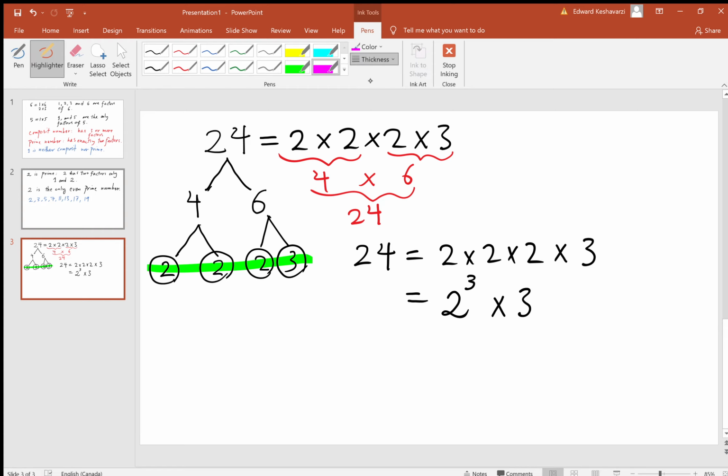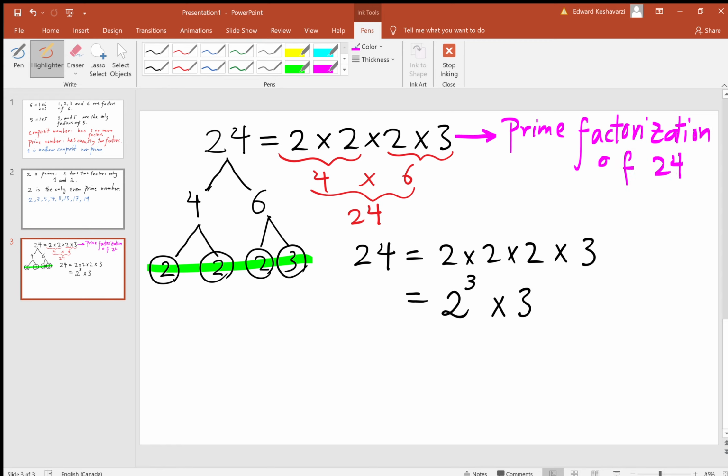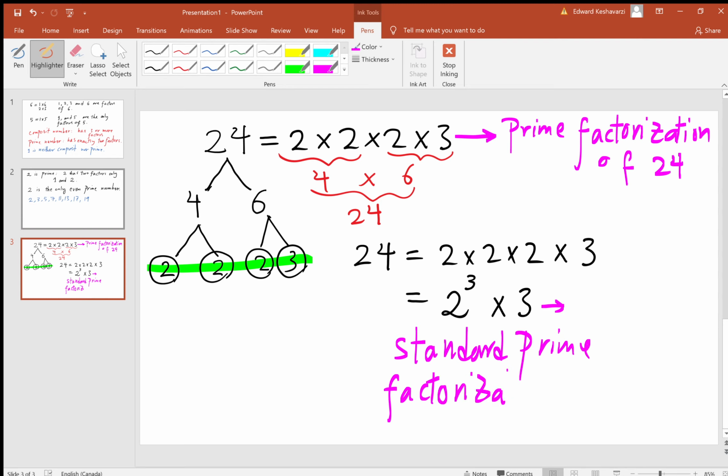This one is called prime factorization of 24. This is called the standard prime factorization of 24.